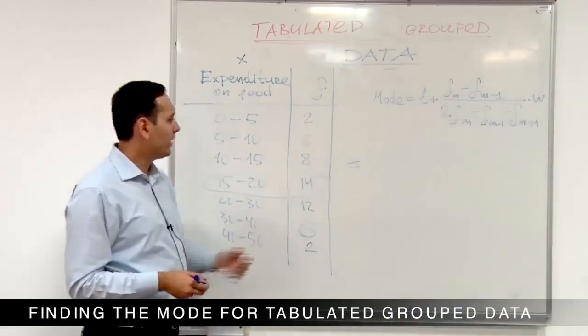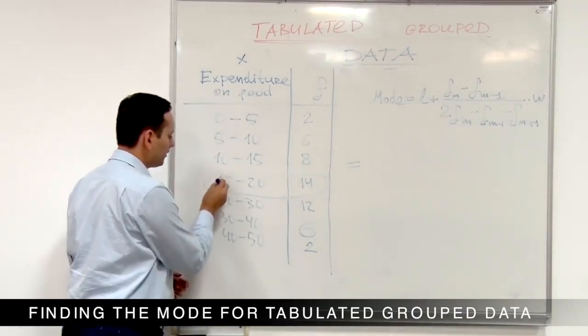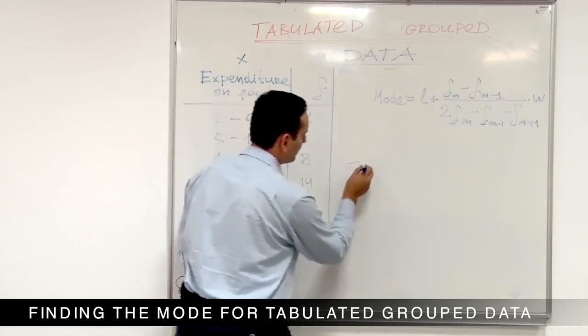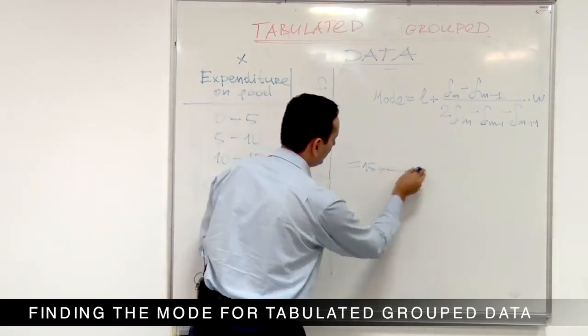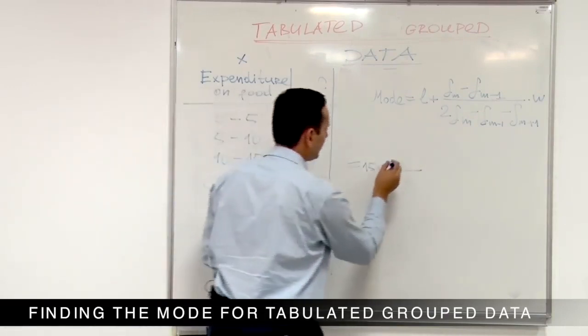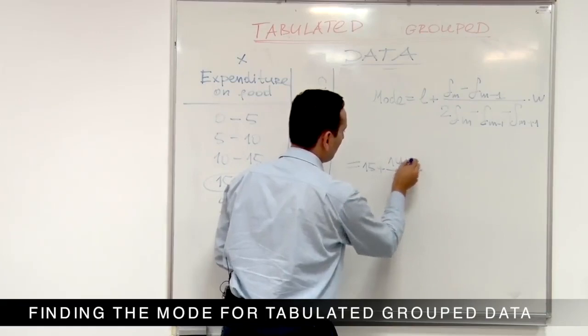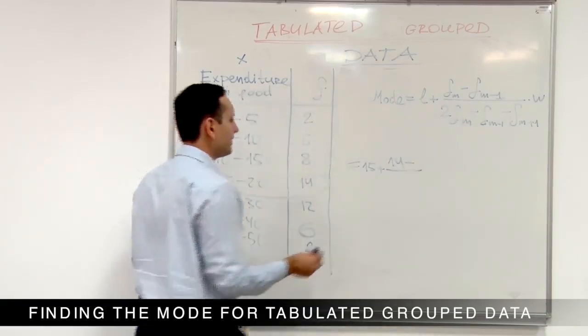So instead of L, we put the lower boundary of the modal group, which is 15, plus, now Fm is the frequency of the modal group, which is 14, minus the frequency of the pre-modal group, which is 8.